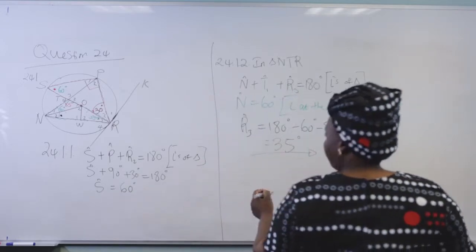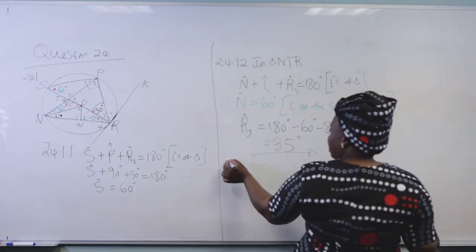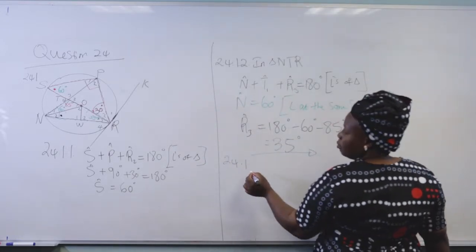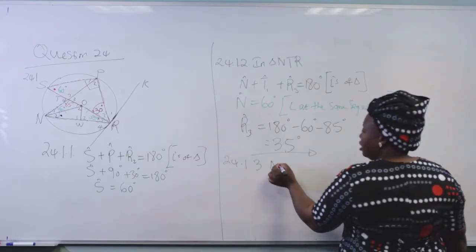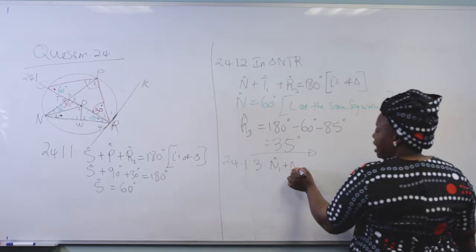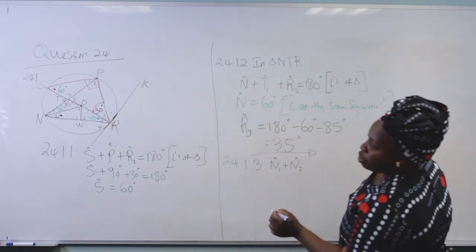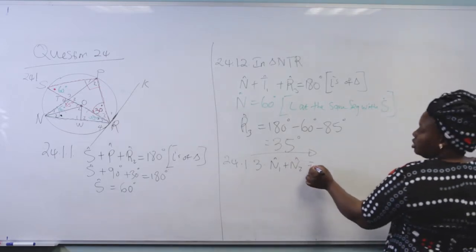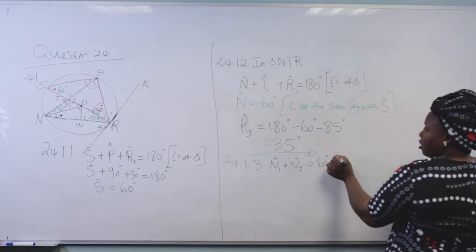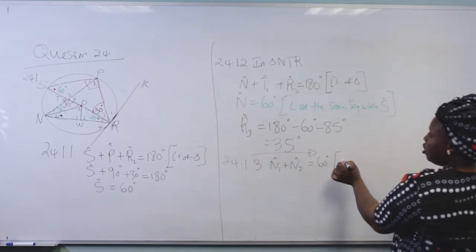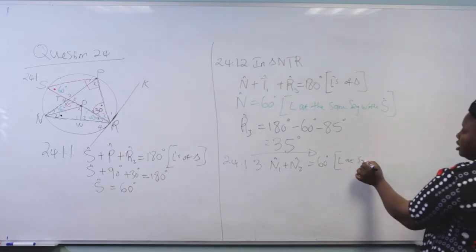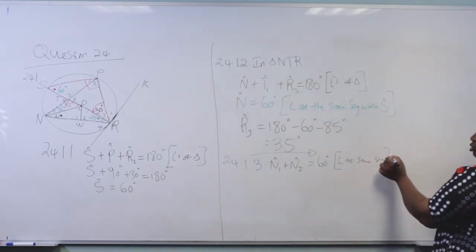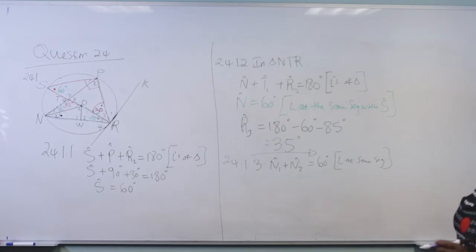Then we can subtract from N1. So let's write what we are saying. It is 24.1.3. We are saying that N1 plus N2 are all equal to 60 because of the angles in the same segment. So that's what we have used at the top.